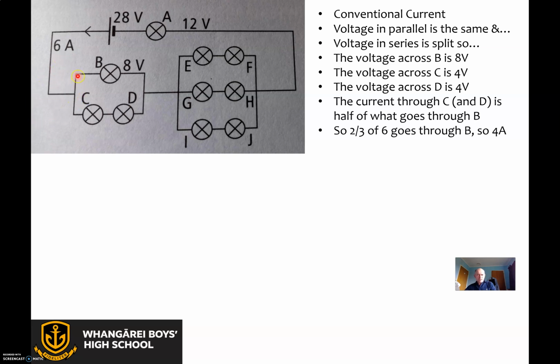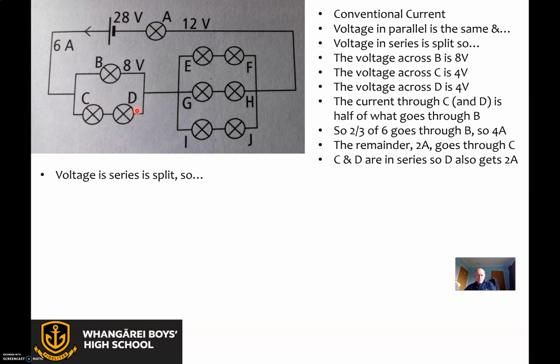Current in parallel is split. 4 amps goes through there, and the remainder 2 amps goes through there, because there's only 4 volts across this one, 8 volts across there, so only half of the current, because they're proportional to each other. As one goes up, the other goes up. And that makes sense, because then there's 4 amps through this, 2 amps through these, and 6 amps make it through and come out this side. Then C and D are in series, so they also get 2 amps, and D also gets 2 amps.